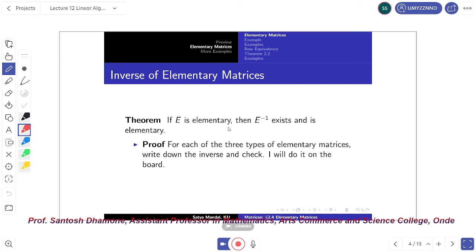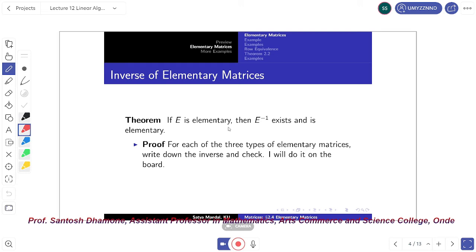Solution: suppose I is equal to the matrix [1 0 0; 0 1 0; 0 0 1].